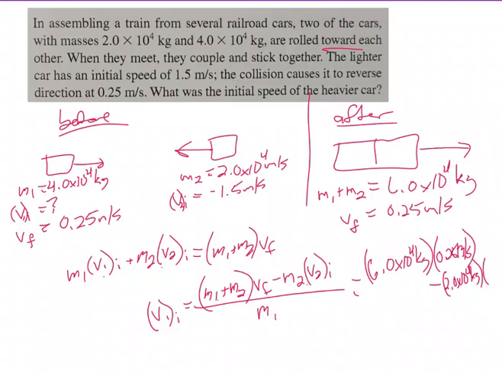We have V2I, meters per second. And then finally divide all that by 4.0 times 10 to the fourth. For velocity I got 1.125. Significant figures would probably be 2, so we're going to call it 1.1 meters per second.